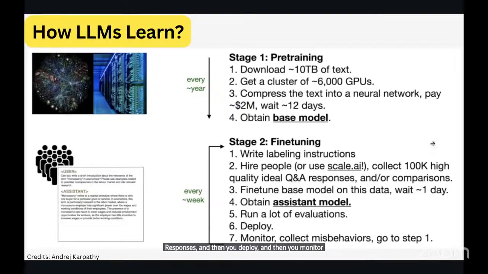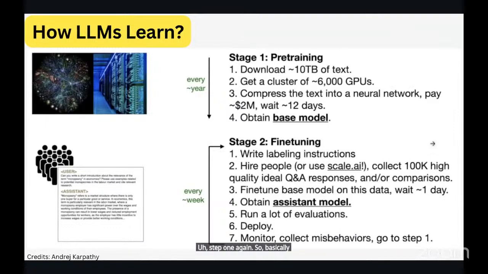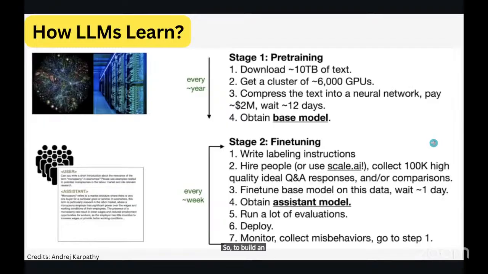You basically collect all the hallucinating behaviors, misbehaviors that the LLM is doing, and then you go back to step one again. So basically it requires a lot of money and effort to build an LLM and to make an LLM learn.